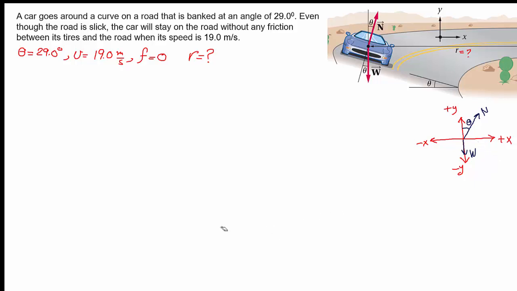Now we know that there is a net force on the object causing it to move in a circular motion, and this force is in this direction. There is a net force that caused the object to move in a circular motion. And this net force is equal to what?